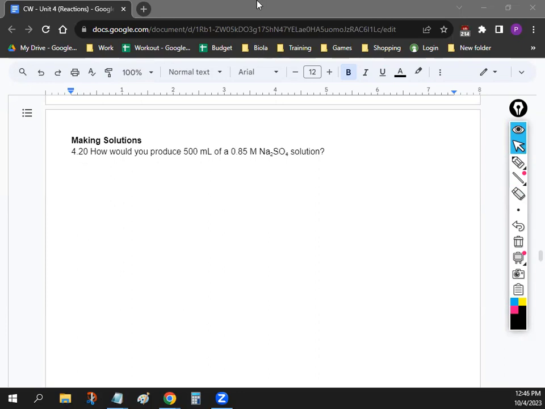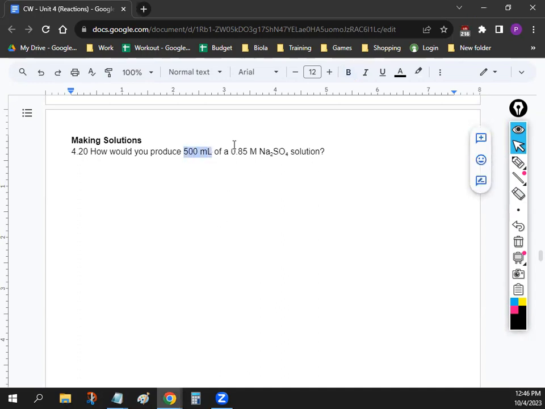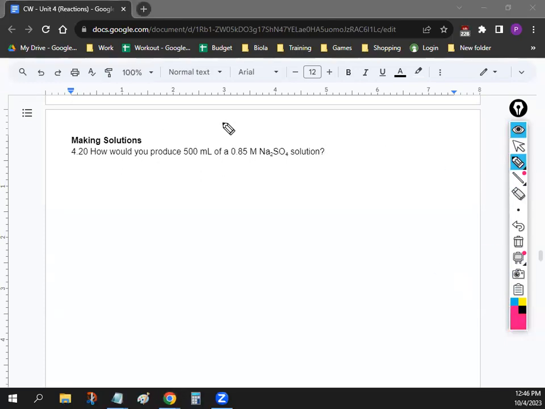Okay, so let's do 420. It's asking how would you produce 500 milliliters of a 0.85 molarity Na2SO4 solution. Okay, so whenever you do these types of problems, first thing you want to do is figure out how many grams of that compound you need.